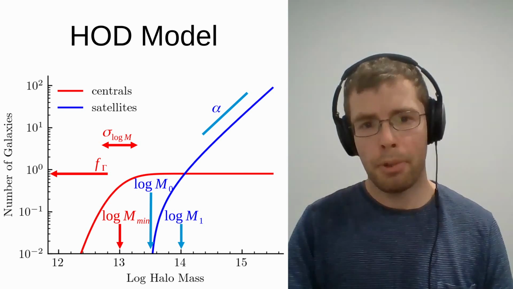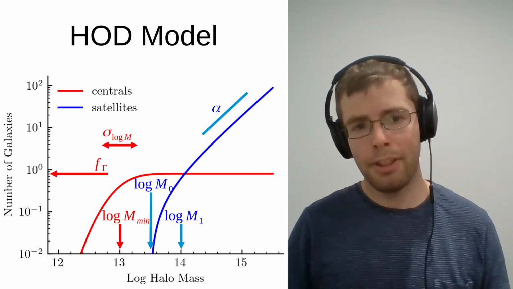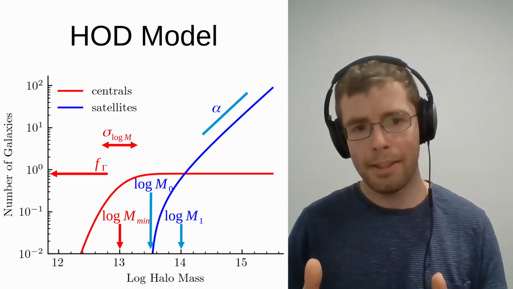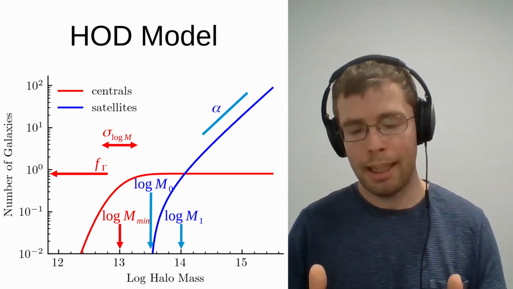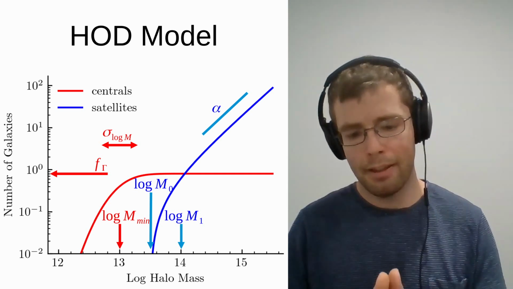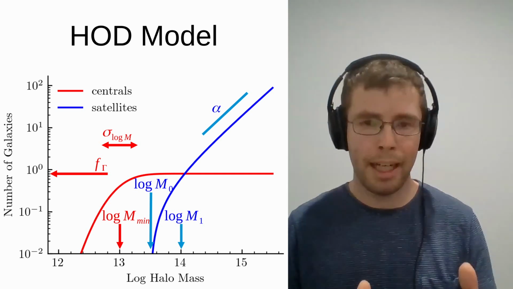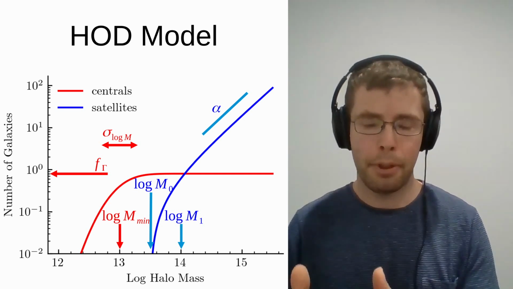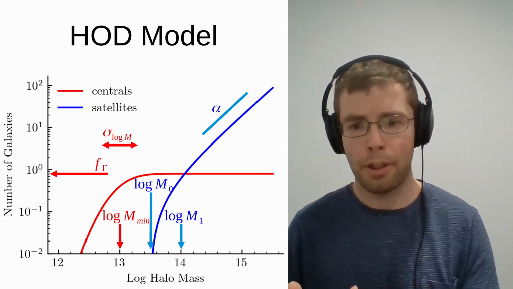Now this HOD model describes the average number of galaxies as a function of halo mass only. By itself, this would not allow for the possibility of what's known as galaxy assembly bias, namely that the number of galaxies may depend on other halo properties besides mass, like for example halo age or halo concentration.